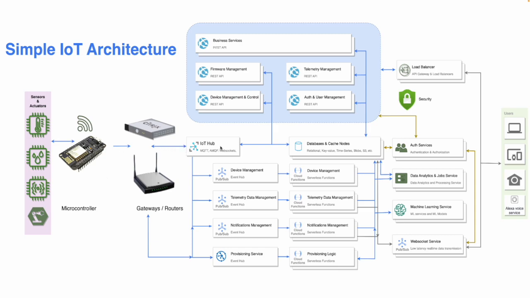Now, these IoT hubs are on the cloud, and it could be a WebSocket, it could be MQTT, it could be a different protocol. It could also be a REST client.